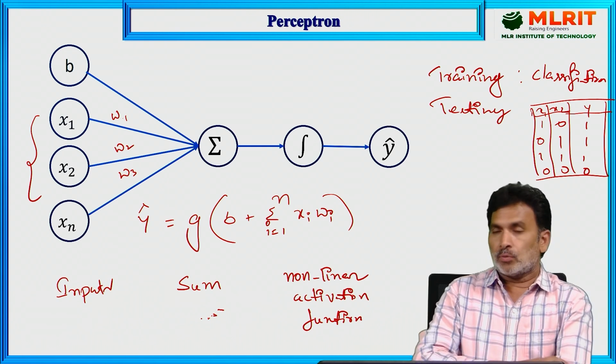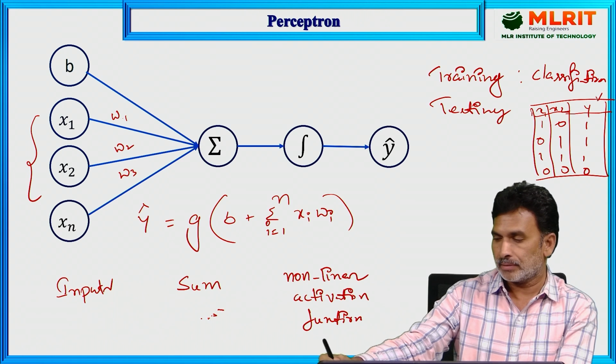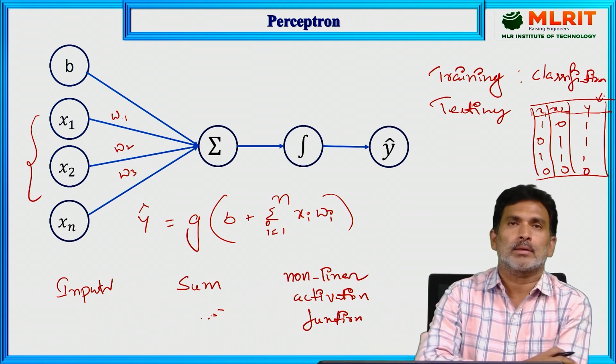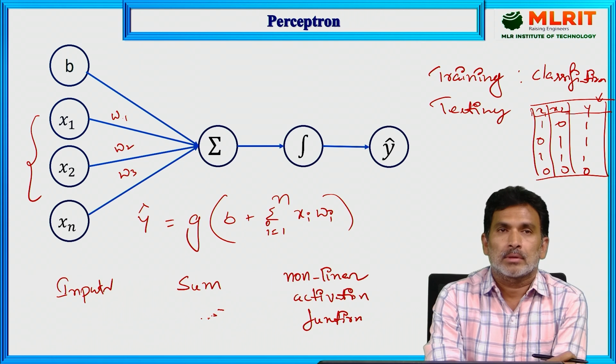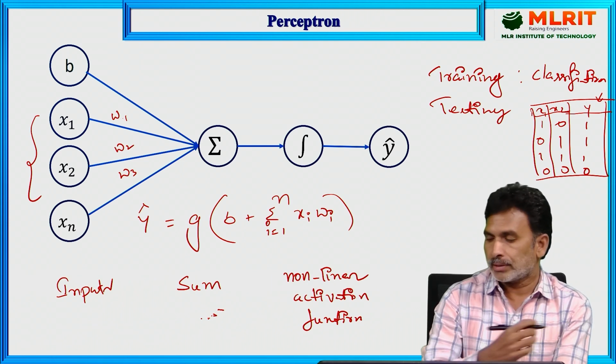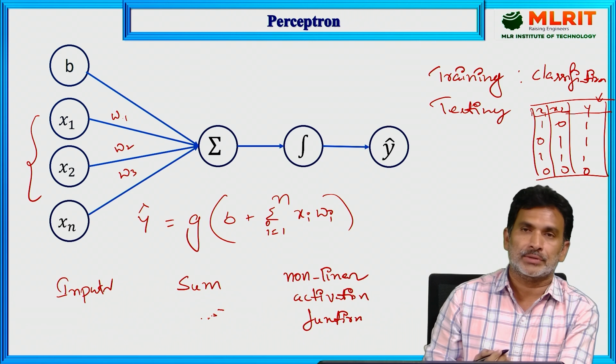Suppose we want to train on this data set, that is, build a perceptron to act like a logic gate. In this case, we have considered two inputs, x1 and x2.